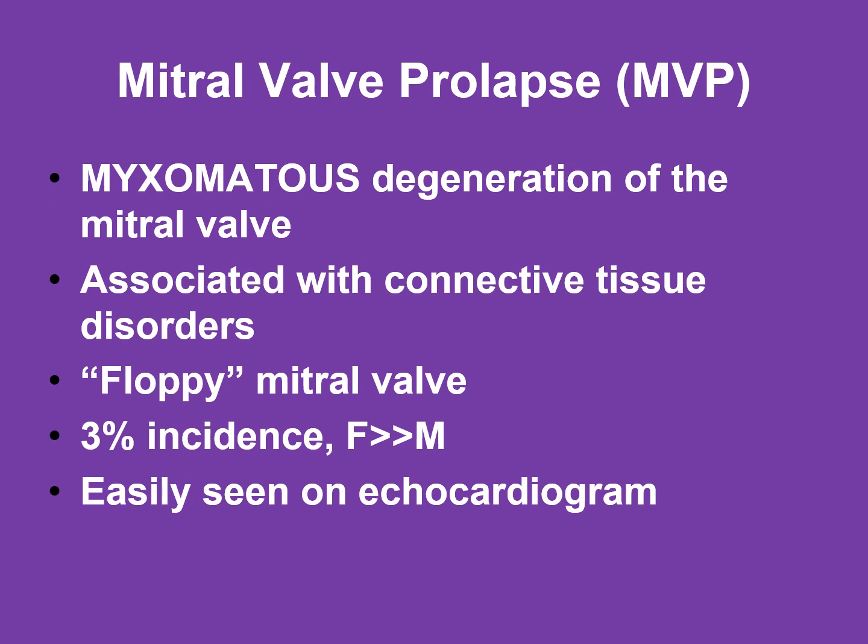So this is described as a floppy mitral valve because the valve has a texture of gelatin instead of being fibrous. It has a higher incidence in females than in males, and it can easily be diagnosed by echo.